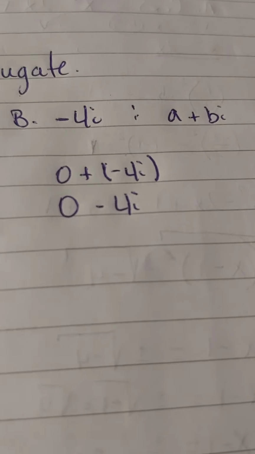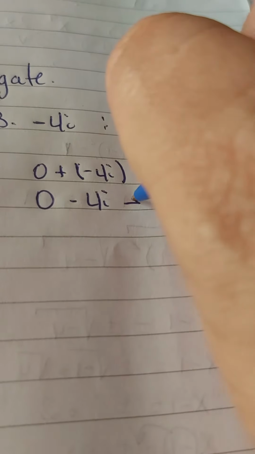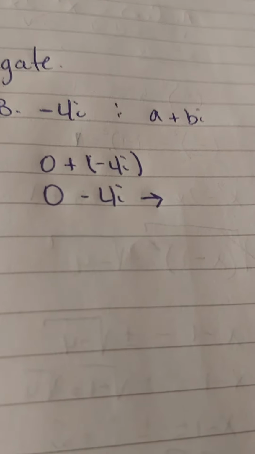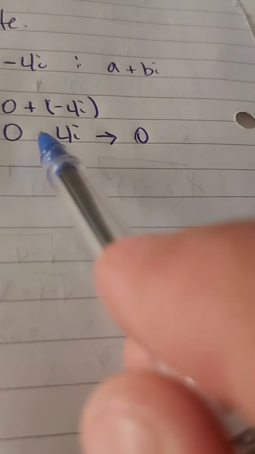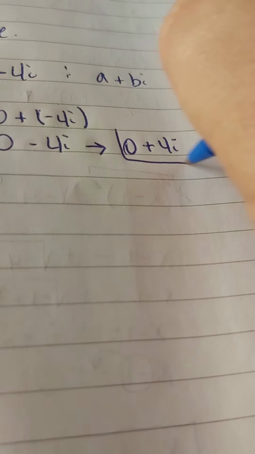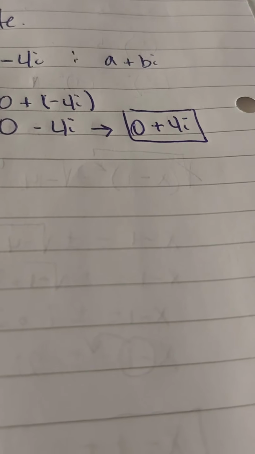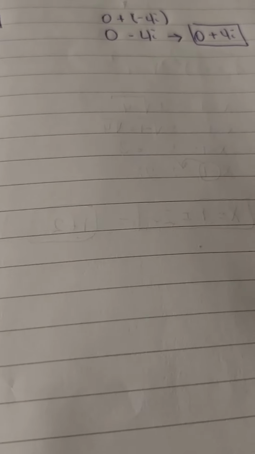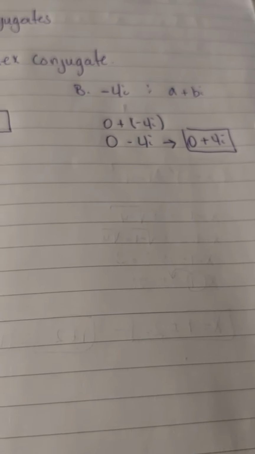Yes, that will be the complex number. So for the complex conjugate, the real part remains the same, 0, and the imaginary part is the opposite. So the opposite of negative 4i will be positive 4i. And that will be the complex conjugate of negative 4i.